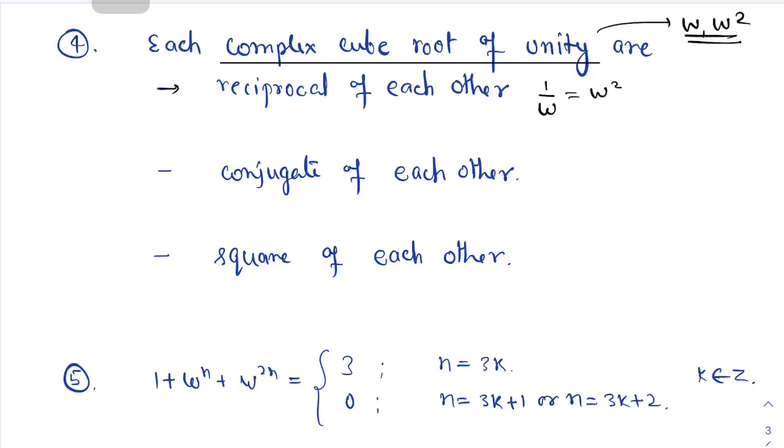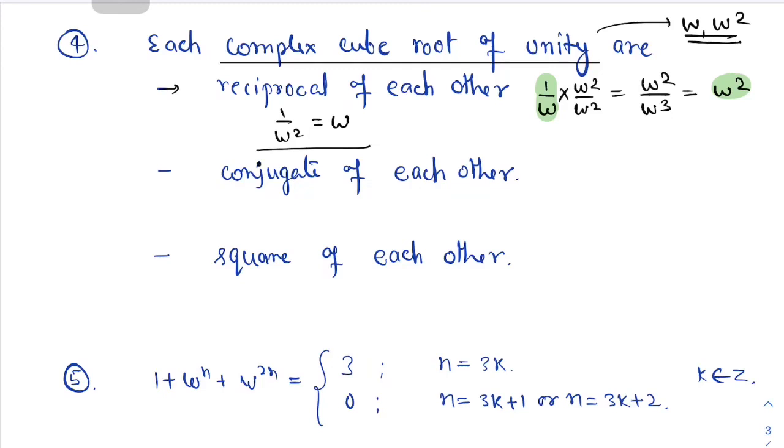How can I get 1 by omega as omega square? I will multiply numerator and denominator by omega square, and it will be omega square upon omega cube. Omega cube is nothing but 1, so eventually I get 1 by omega as omega square. Similarly, 1 by omega square is equal to omega. So these two are reciprocals of each other.